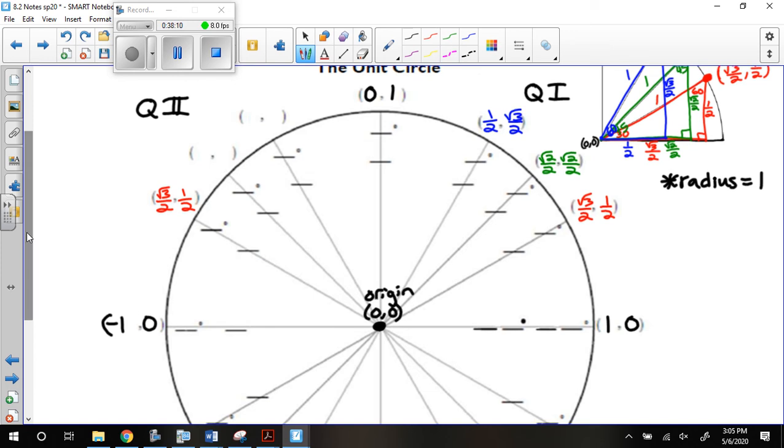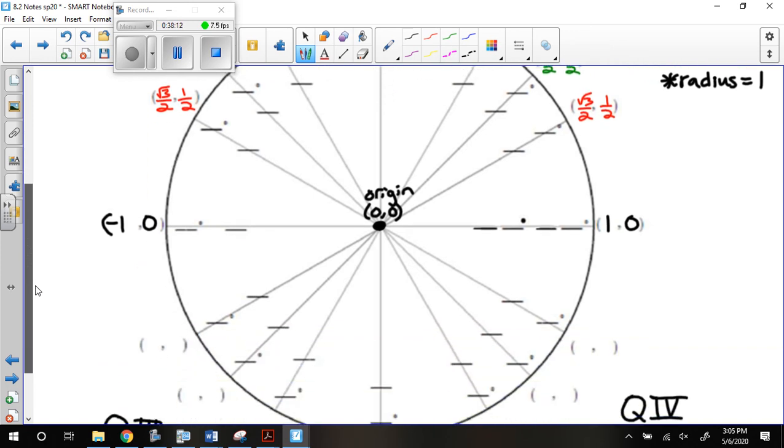If I fold on the x-axis, I know that this red ordered pair in quadrant 1 would flip down into quadrant 4 and land right here, square root of 3 over 2, 1/2.